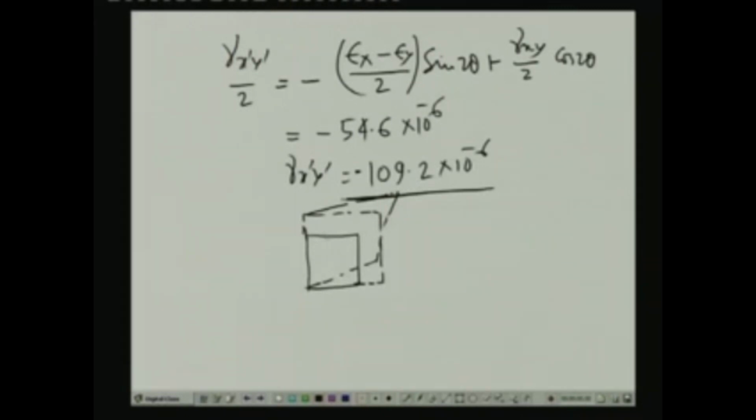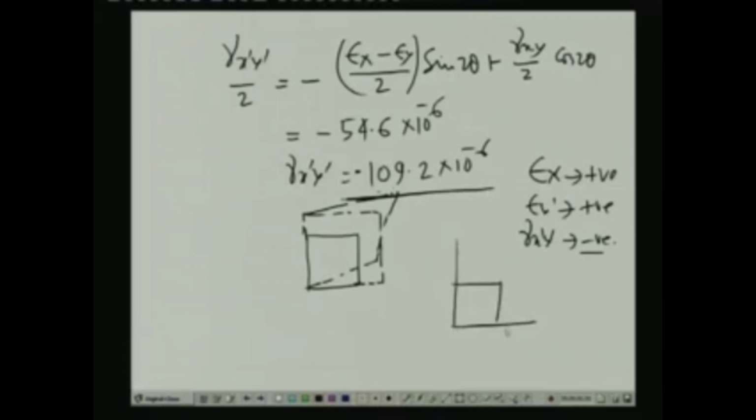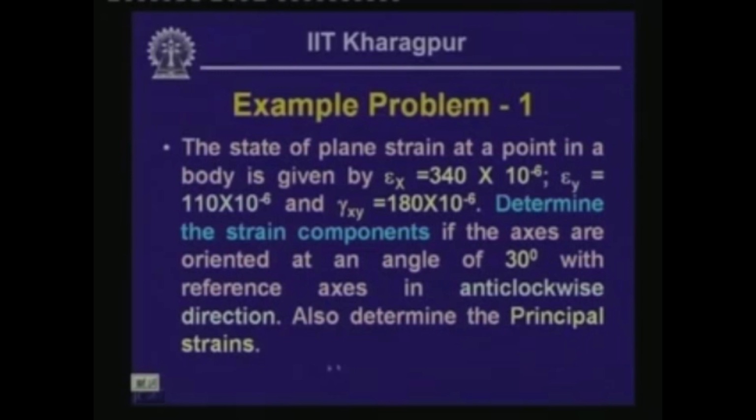So, this is the position of the element, and in this particular case when we are computing the strain at 30 degree, we have epsilon x dashed as positive, we have epsilon y dashed as positive, we have gamma x dashed y dashed as negative, and hence if we plot that, you can get the configuration corresponding to that particular element. Well, we will deal with this in the next class.